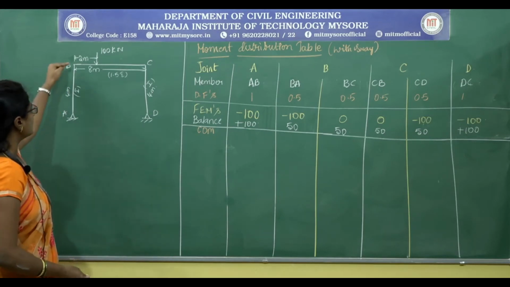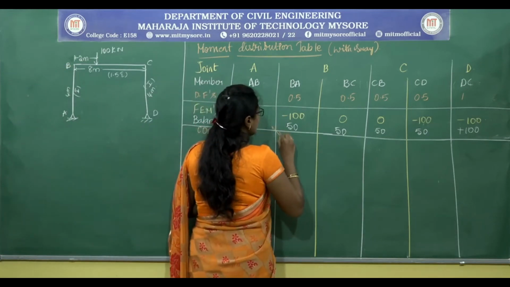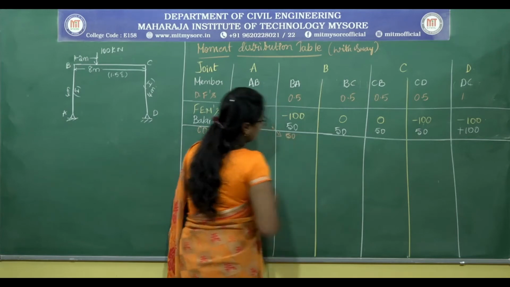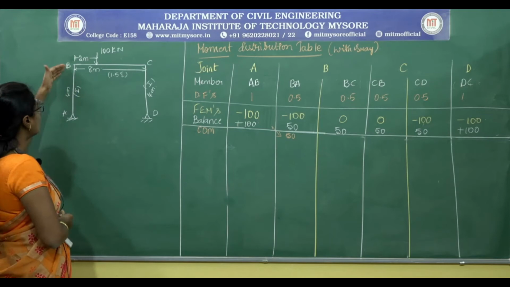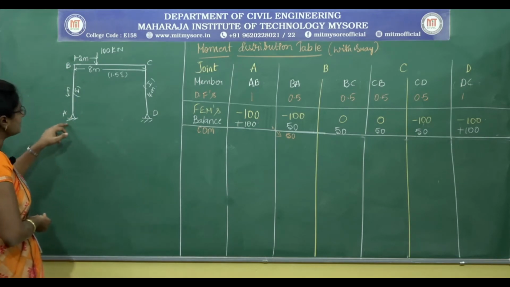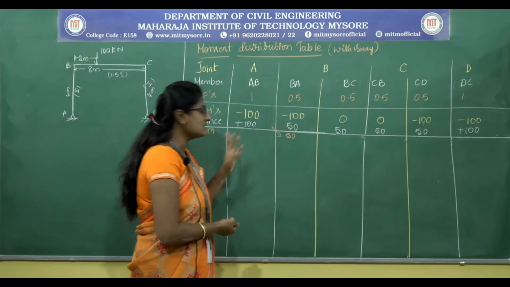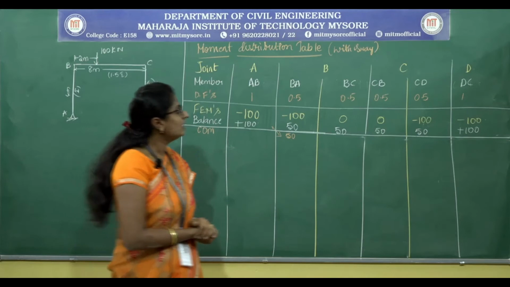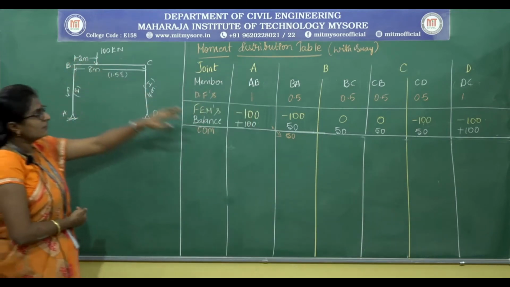So, half of 100 is transferred to B, that is BA. Half of 100 is 50. Then for BA, plus 50 is the applied moment. Half of the moment is to be transferred to the other end if the other end is fixed. Here the other end is hinged, therefore the moment is not transferred, and transfer does not take place at this member. Then comes BC. For BC, the applied moment is 50.